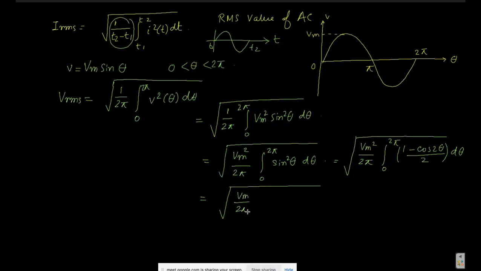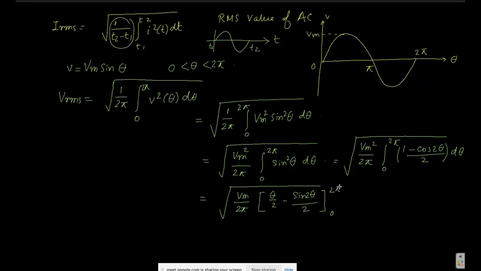Vm square by 2 pi, if you put 0 to 2 pi, theta by 2 minus sin 2 theta by 4, from 0 to 2 pi.